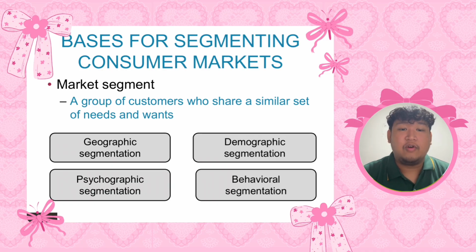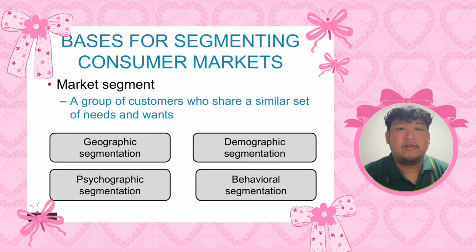There are four main bases for segmenting consumer markets. The first one is geographic segmentation, dividing the market by location, such as country, region, or city. Next is demographic segmentation, categorizing consumers based on variables like age, gender, income, and education.